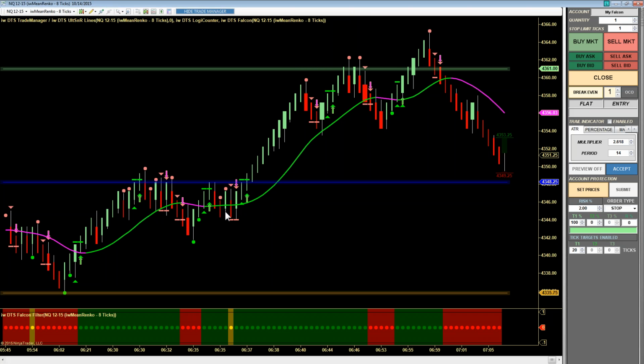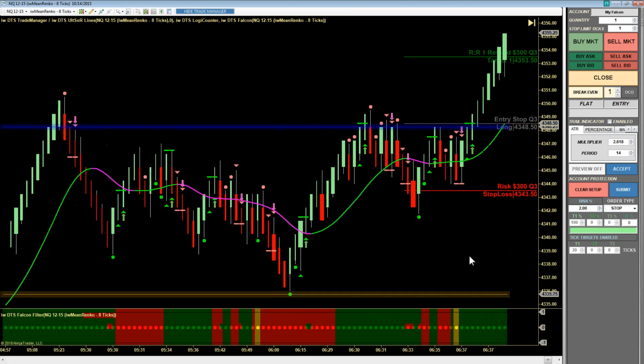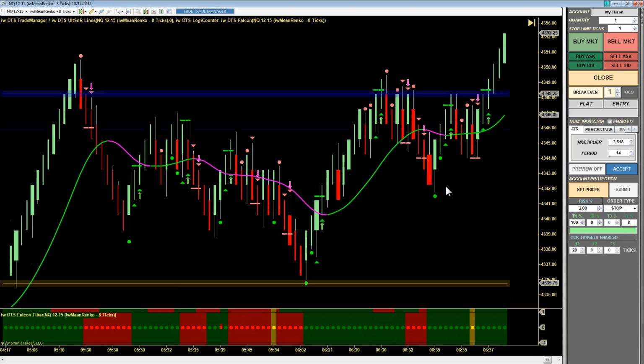And I pointed this one out already, but here's another late filter entry signal. This one's textbook. The filter goes out of sync, comes back into sync. The trend line never changes color. Very nice and flat though. It's nice to see those trend lines get flat without changing color. It comes back with our signal, and a few minutes later we hit our profit objective. These profit targets are programmable, by the way, or you can set manual targets.